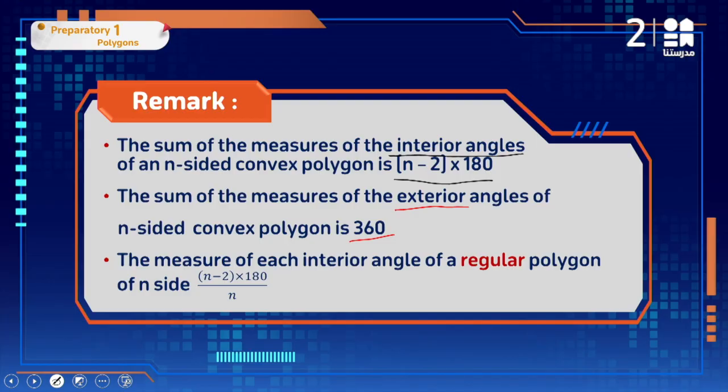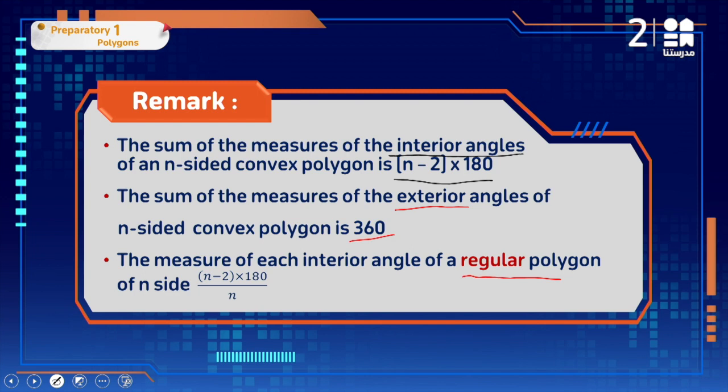Number 3, the measure of each interior angle of a regular polygon is n minus 2 times 180 divided by n. Here we have a new word, regular polygon. Regular polygon means we have equal sides and congruent angles.